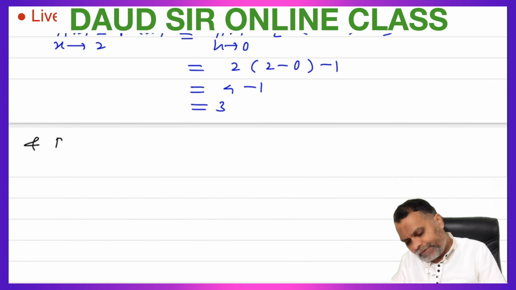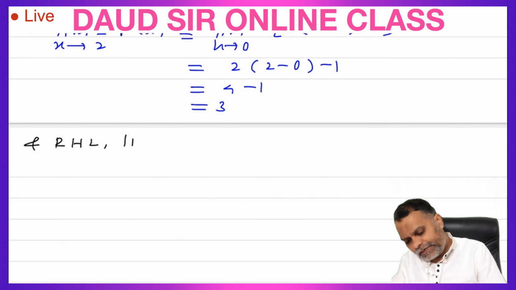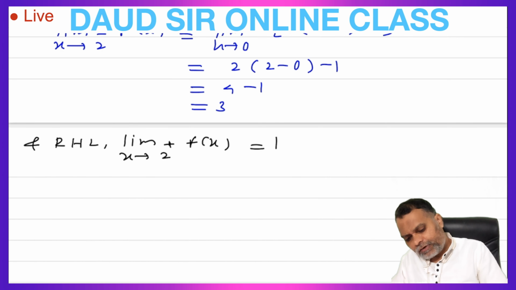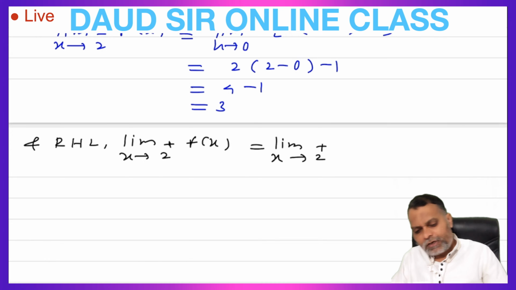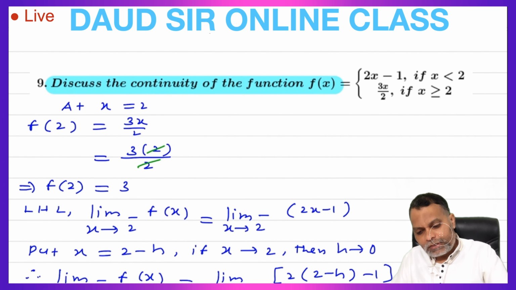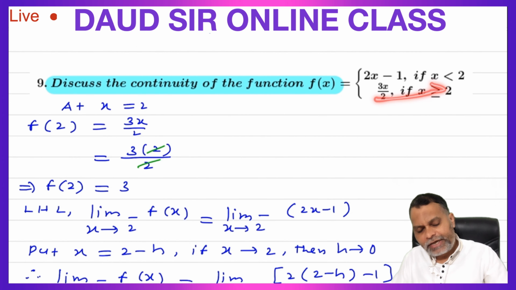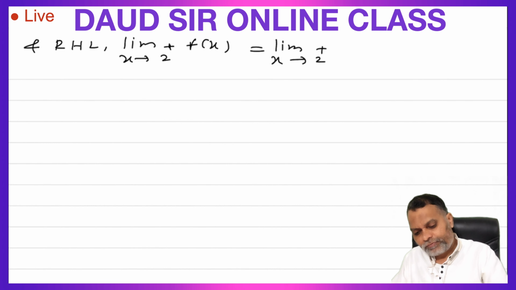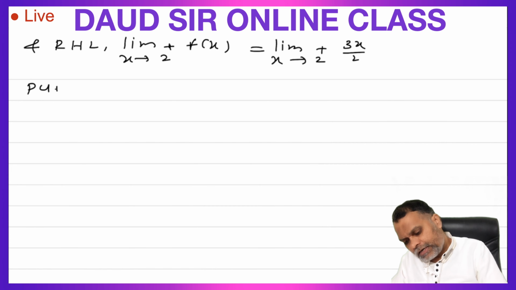And the right hand limit, limit x tends to 2 plus f of x is equal to limit x tends to 2 plus, where x is greater than 2. Here x is greater than 2, so take 3x upon 2. Put x is equal to 2 plus h.